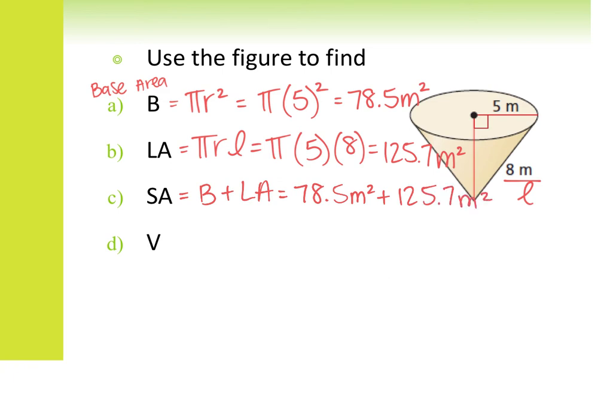And that'll give me the surface area of the entire cone. So base and lateral area combined, I add those two together, and I get 204.22 meters squared.